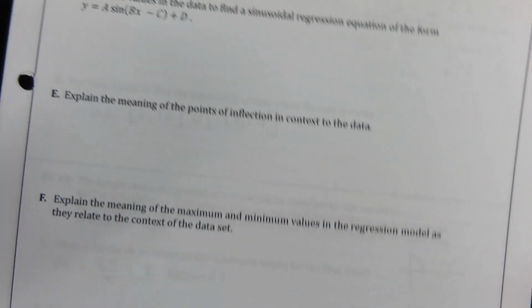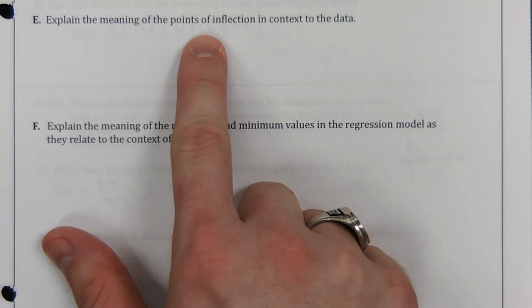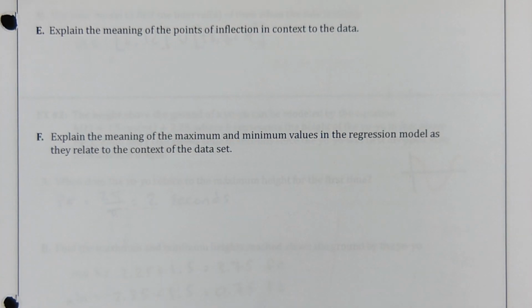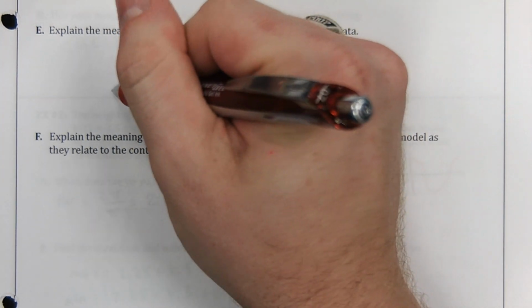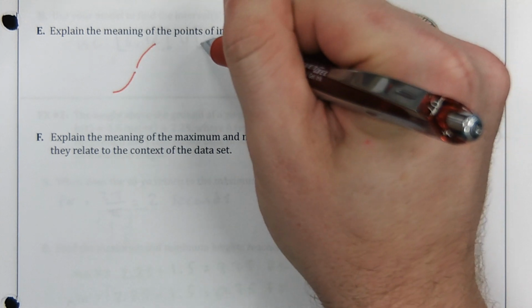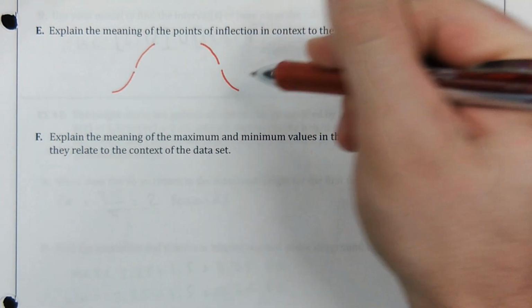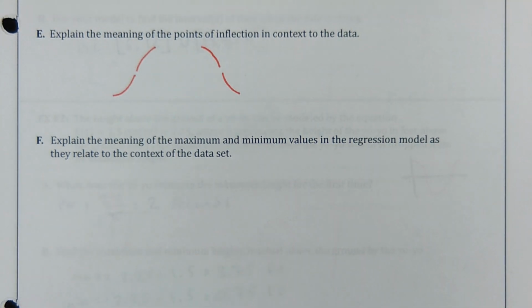And later on in the questions, it just wants us to talk about what inflection points mean. But it really isn't even in the context of the question. As long as you understand that an inflection point is a place where the rate of change stops increasing and starts decreasing, or the rate of change stops decreasing and starts increasing, then you understand what it means to be an inflection point.